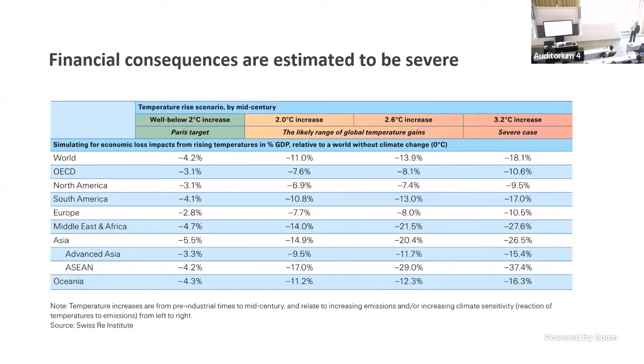The areas that have the highest, that would be the ASEAN part of Asia, so Southeast Asia here, and Middle East and Africa, and also the rest of Africa here. So it's this unfortunate thing that the people who can afford it least will have the hardest hit from these things.